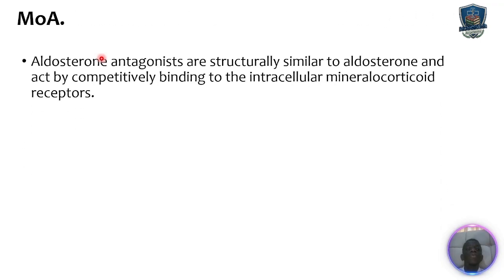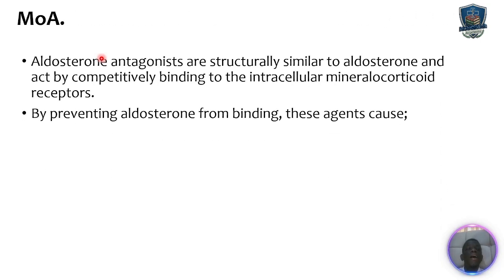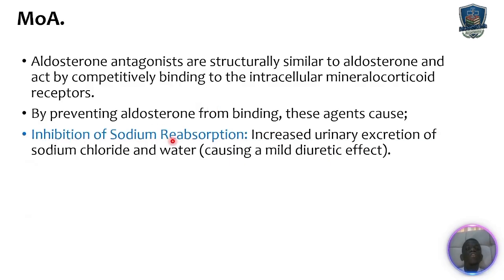Let me just go through the mechanism of action. Now, aldosterone antagonists are structurally similar to aldosterone and act by competitively binding to the intracellular mineralocorticoid receptor. By preventing the aldosterone from binding, this agent causes the inhibition of sodium reabsorption.